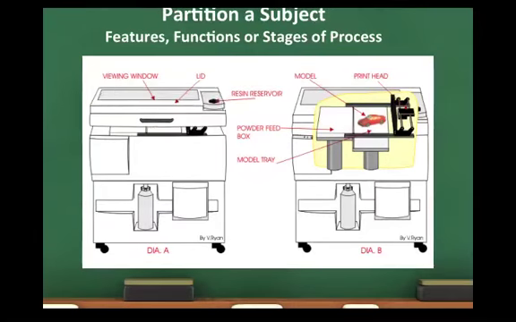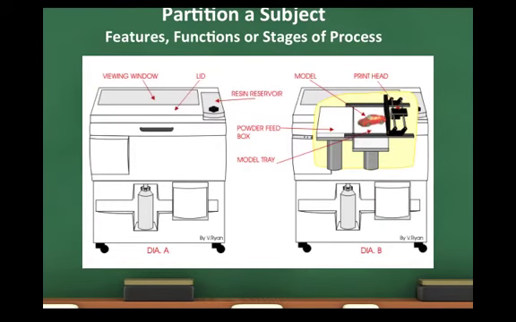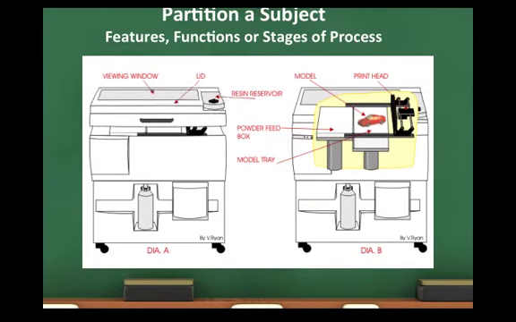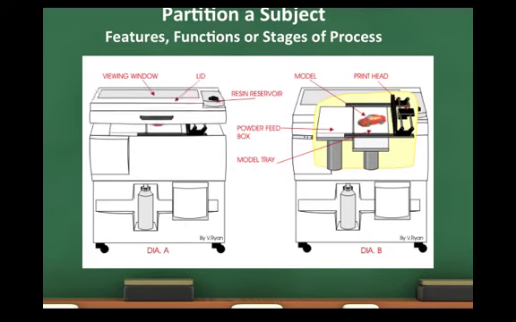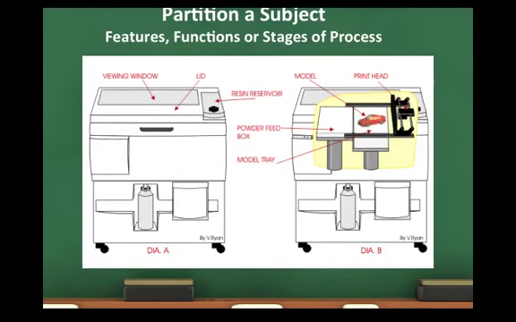If I was writing a technical description, I might have a paragraph describing the viewing window, describing how the lid works, talking about the resin reservoir, and so forth. I can have different paragraphs that describe each of those particular features and functions of the 3D printer. This is just a way it could be used, and then I could have the visual also supplement the language that I craft.